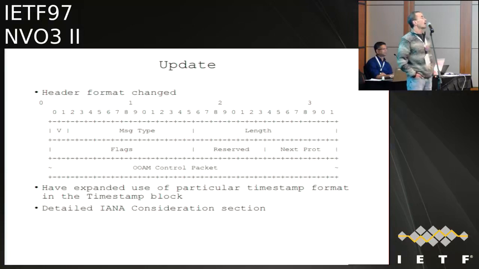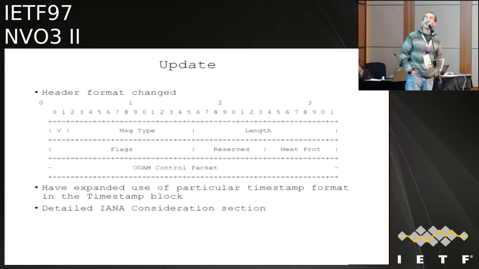So the idea is that an OAM control packet can be followed by some other protocol, and it could be the payload. Thus you will get the functionality of what's characterized as in situ OAM. So you have OAM followed by the payload, or it could be something else.